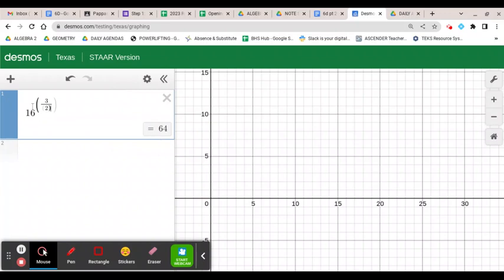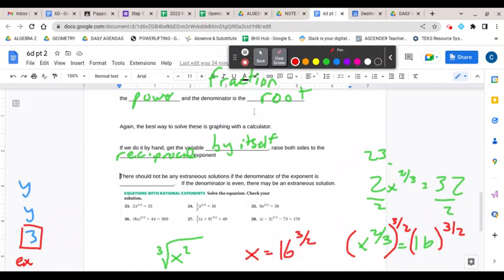This ties into roots because remember, a rational exponent is just a power there and a root there. But it's another way we can solve these root problems if we so choose. And so 16 to the 3/2 power is 64. Just a note: there should not be any extraneous solutions if the denominator is an odd number.